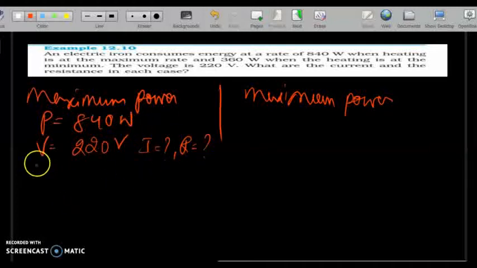The next one, what do we do? We know well that power is equal to potential difference into current. So I can calculate current. How? I is equal to P by V. So what is that equal to, children?